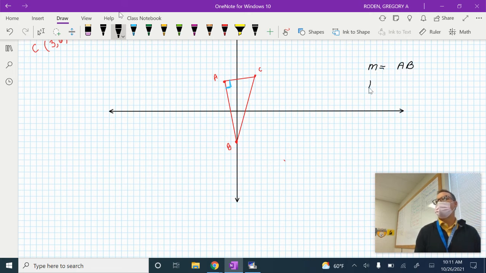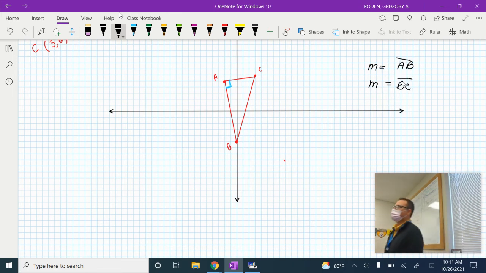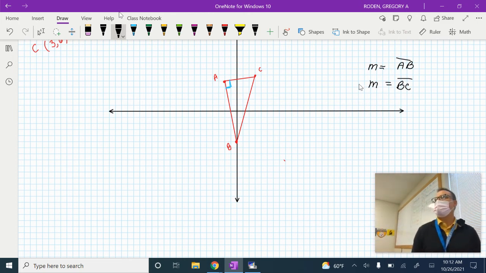And then I want to know the slope of segment AC, not BC, sorry. My bad.